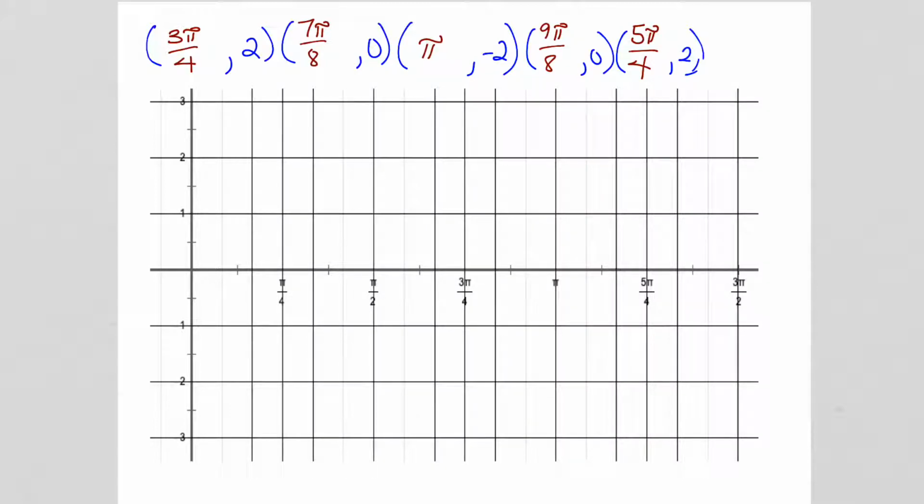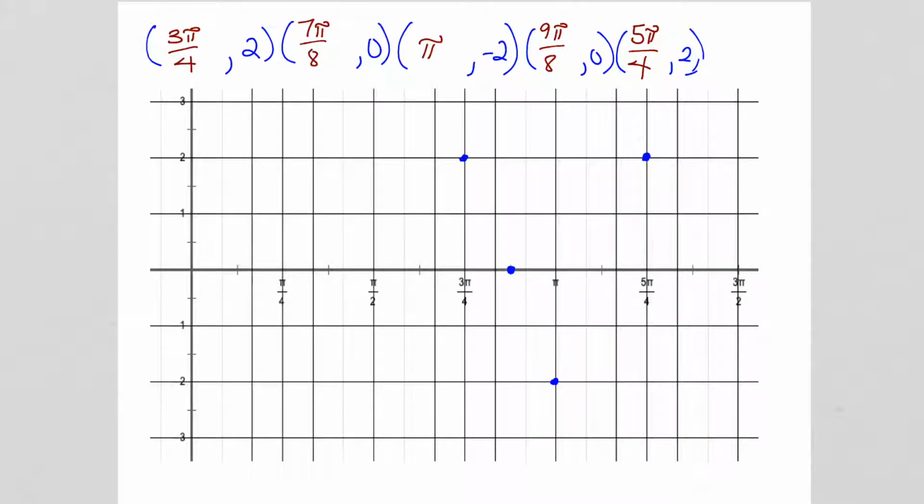Okay, so 3 pi over 4, 2. And again, that in-between one's kind of hard, so let's not mess with this. Let's go to pi, negative 2. And then up to 5 pi over 4, 2. So halfway between 3 pi over 4 and pi, we're going to be at 0.